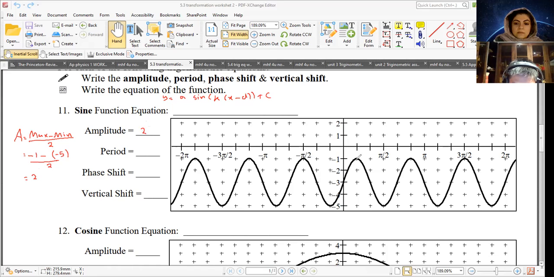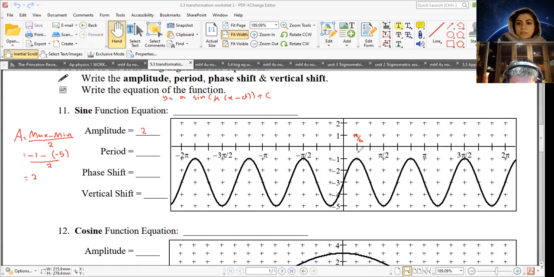Now period. Period is the distance between the two symmetric points. Here, if this is pi/2, right? 1, 2, 3 is divided by 3 equal parts. Means each part is pi/2 divided by 3. Here is pi/6. Each unit is pi/6.